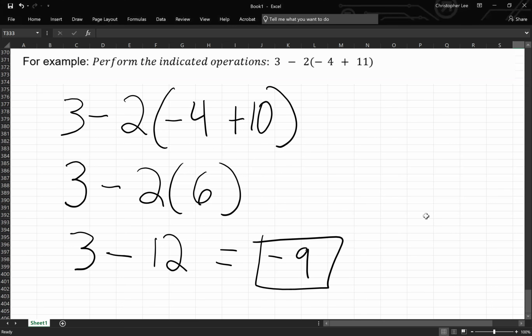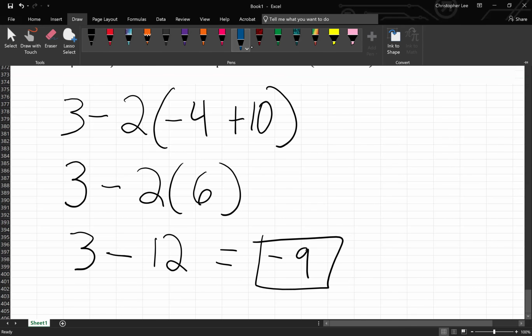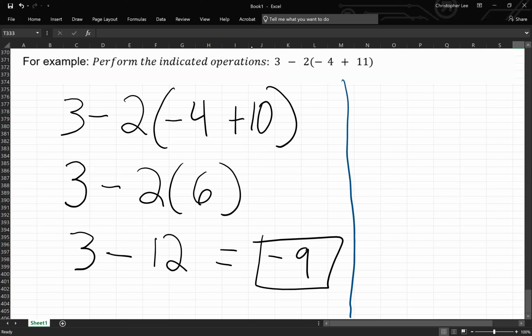You know what? I just realized something. That's my eyesight right there. I didn't see that that was an 11. Let's try this problem again. My fault, but it's good practice for us. So this is 3 minus 2 times the quantity -4 plus 11. Sorry about that.